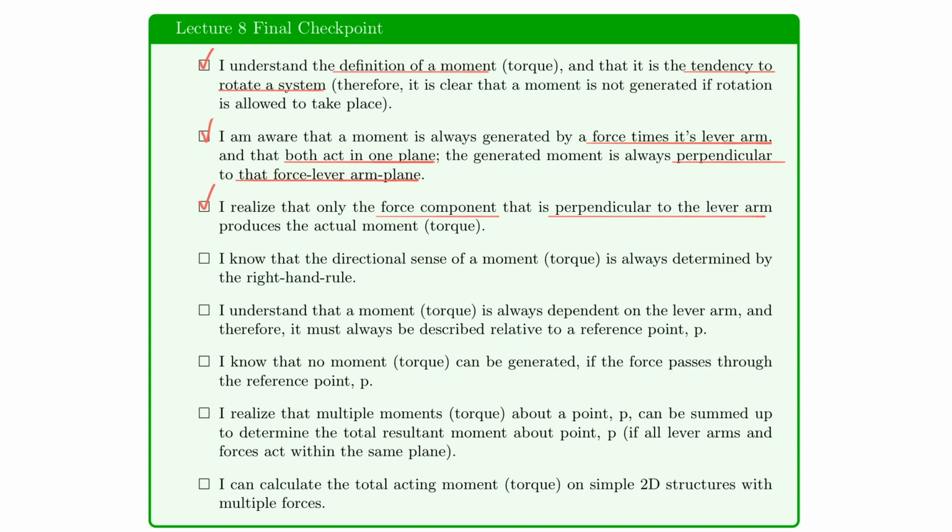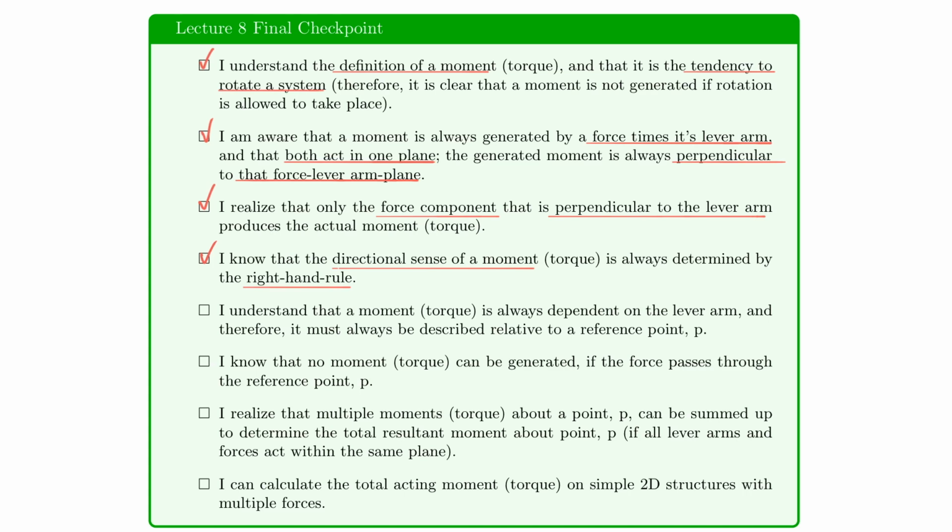And we also understand that the directional sense of the torque is really ultimately defined by the right-hand rule. I think we talked about this just right here when we talked about the force lever arm plane, because we only dealt with XY and it was always in the Z direction. So that's kind of repeated in here, but specifically for the right-hand rule. So I can check that off as well.